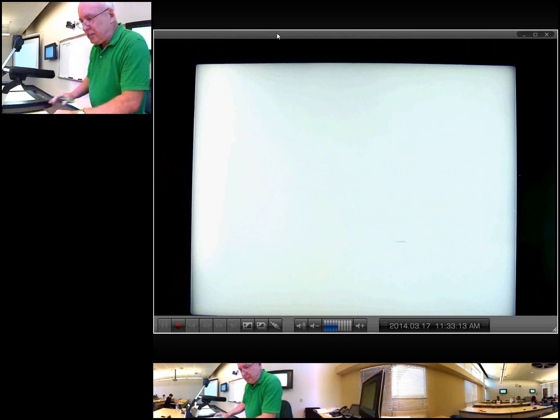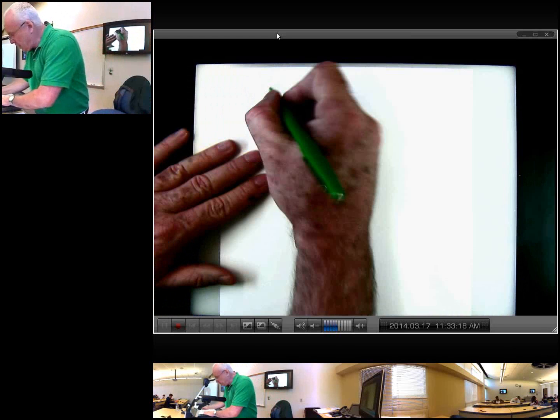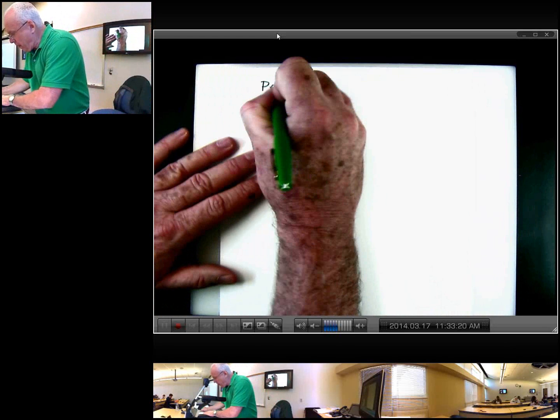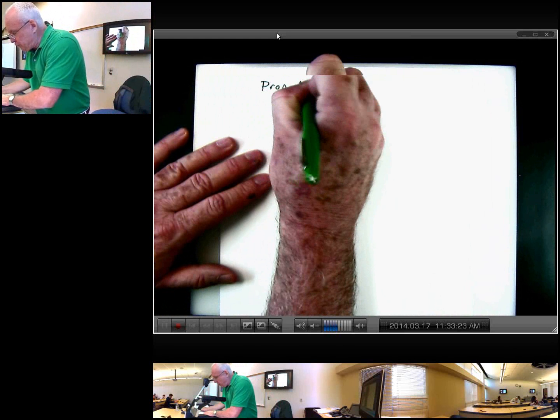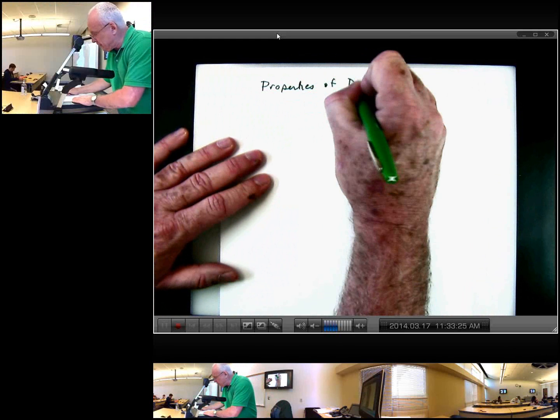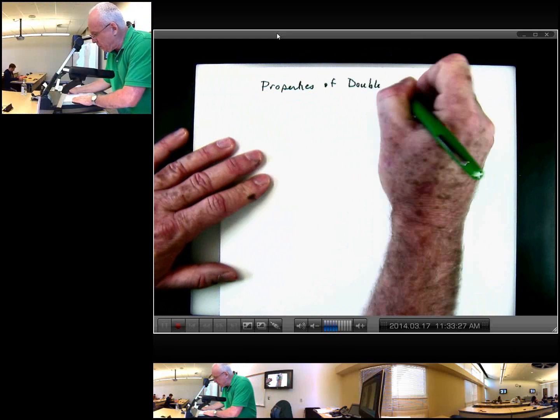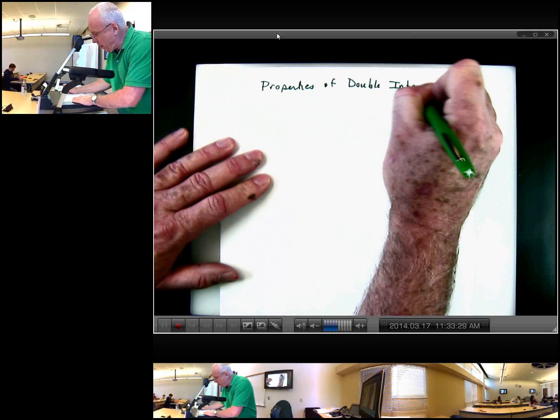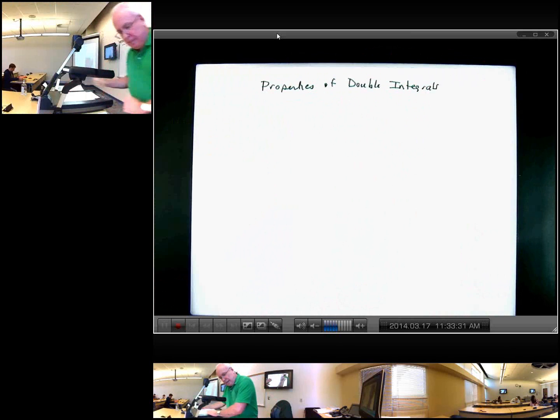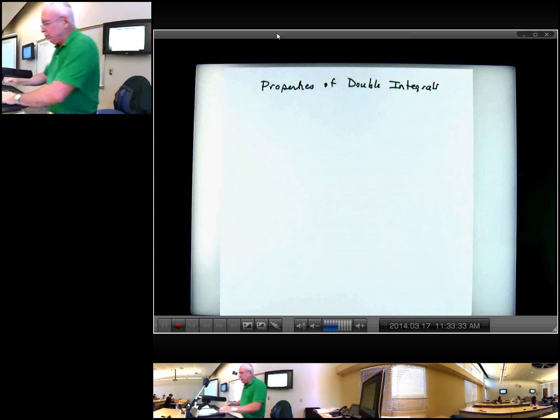All right. There's just one other thing in this section, and it's a couple of basic properties of double integrals, which pretty much follow from how this is being defined. And I think these seem pretty intuitive.